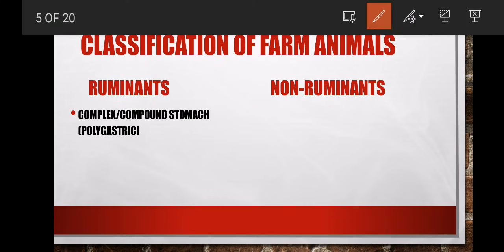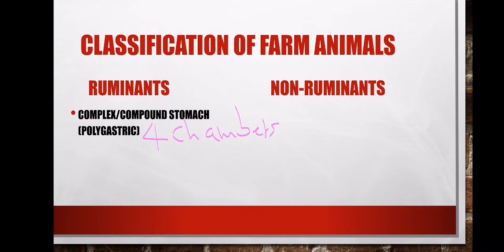Okay, fine. Let's try to look at it in this way. If we say a ruminant has a complex stomach, we simply talk about those animals that have 4 chambers. Their stomach is divided into 4. We will look at these stomachs as we move along, and we will also highlight the examples of these animals.